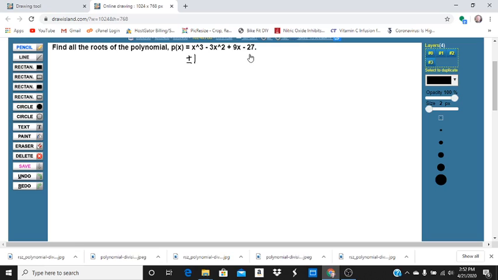Now the last term is negative 27. So the factors are 1 and 27, and 3 and 9, and those can all be positive or negative depending on how you multiply them together.